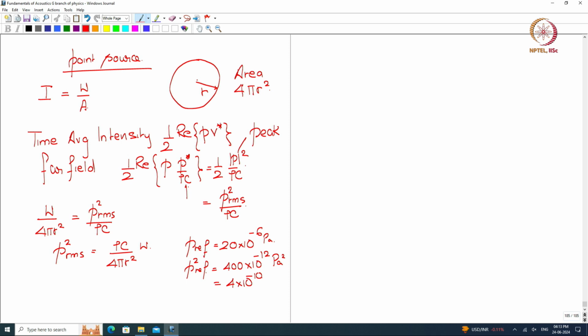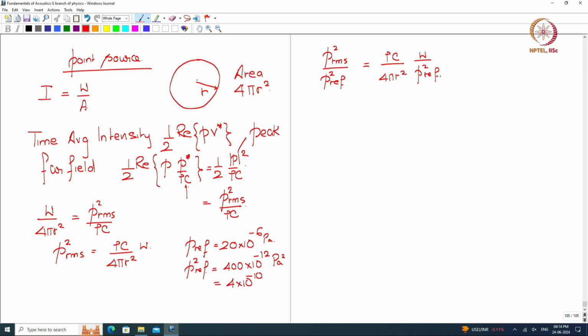Now if I do P square RMS by P square reference, that is equal to rho c by 4 pi r squared, W by P square reference.